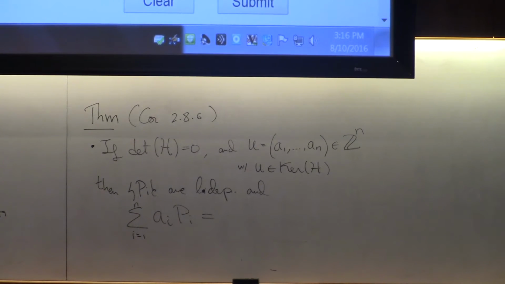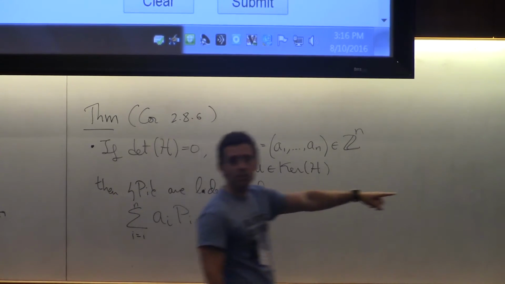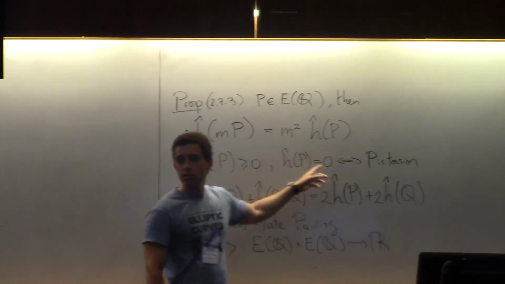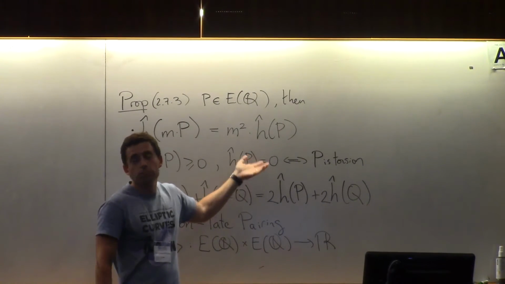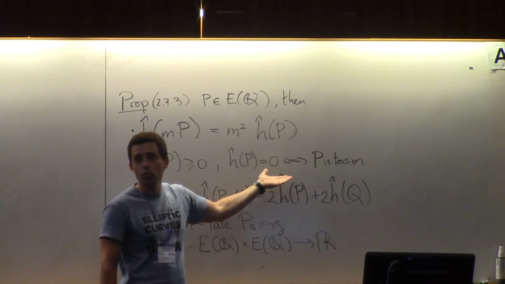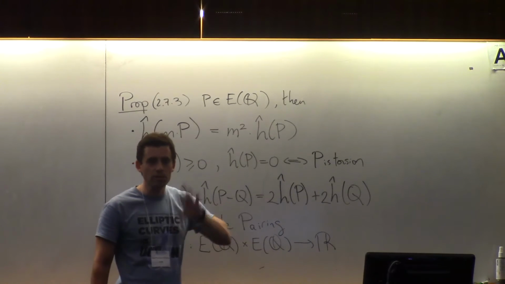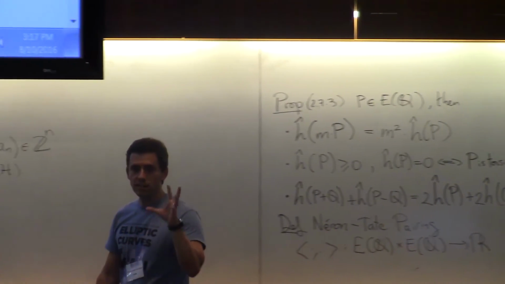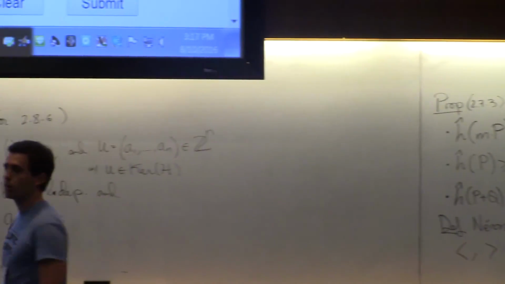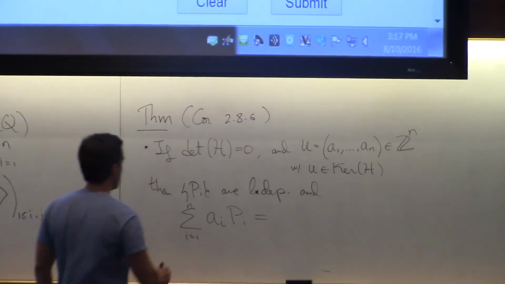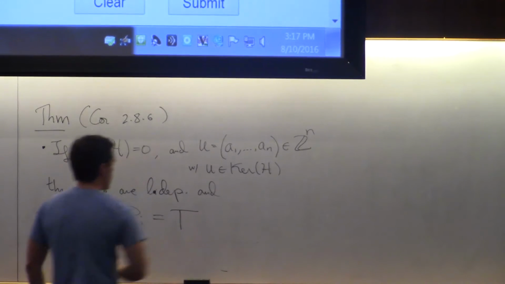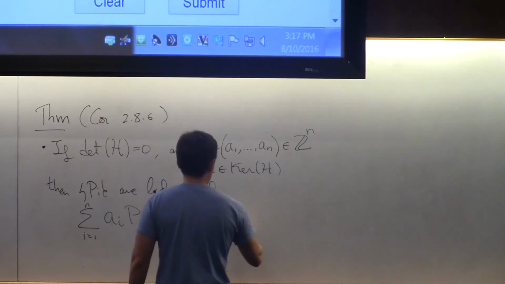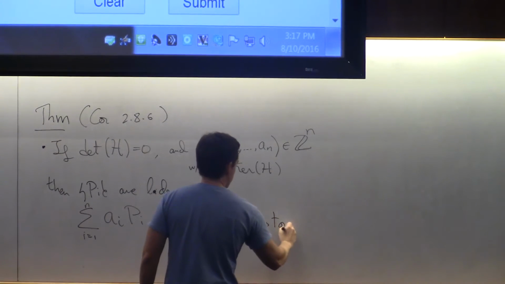Why? Because remember, our height doesn't see torsion. Okay? So height 0 means the best we can do is it's a torsion point. Torsion is fine because we can figure out what the torsion subgroup is anyways. So as long as it adds up to a torsion point, we're good to go. We'll figure it out from there. Where T is torsion.